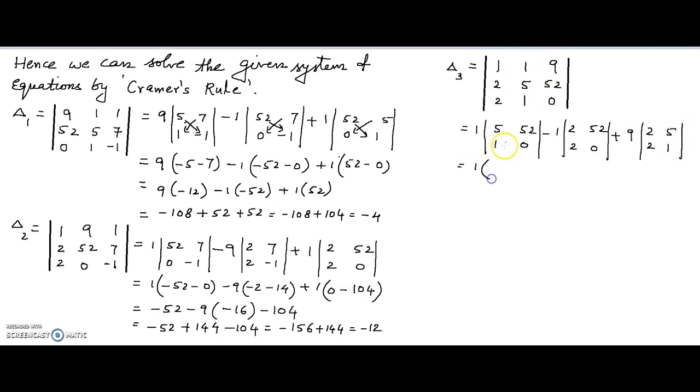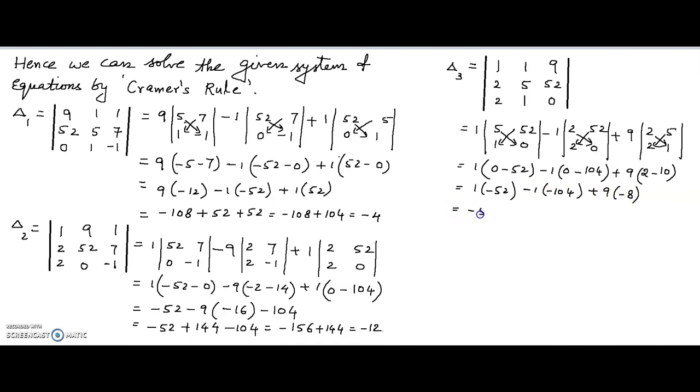So this is 1 into AD minus BC, again 0 minus 52. AD 5 into 0, BC 52 into 1. Again AD 2 into 0 minus 52 into 2 is 104. Plus 9 into again AD, 2 into 1, 2. BC 5 into 2 is 10. So 1 into minus 52 minus 1 into minus 104, 9 into minus 8.